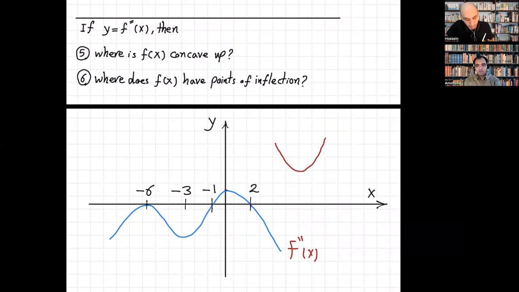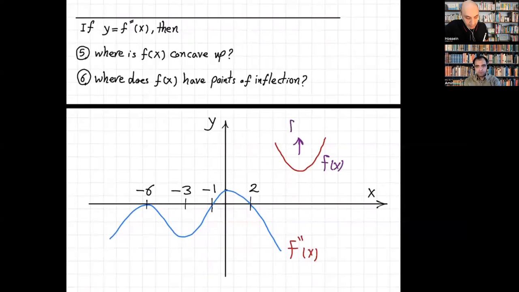F of x is concaving up, and that means that f double prime of x is positive.